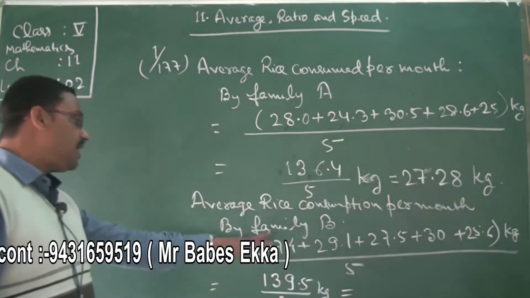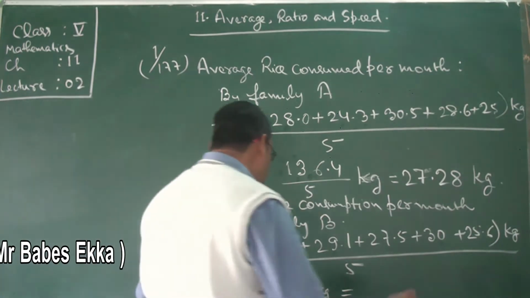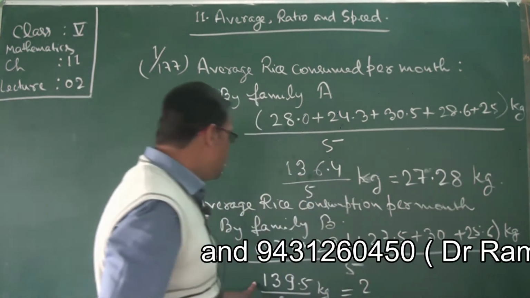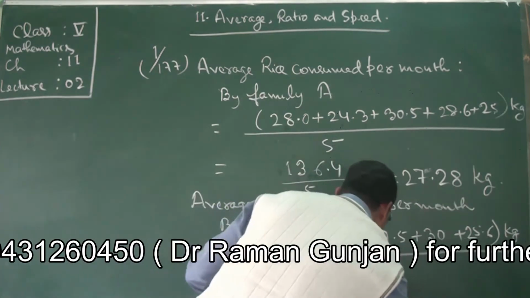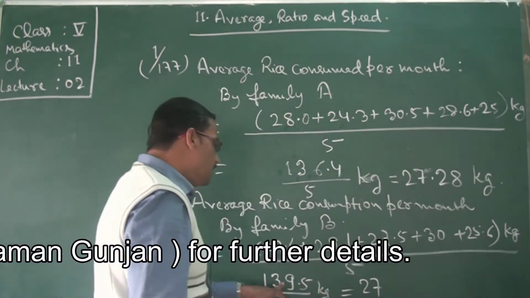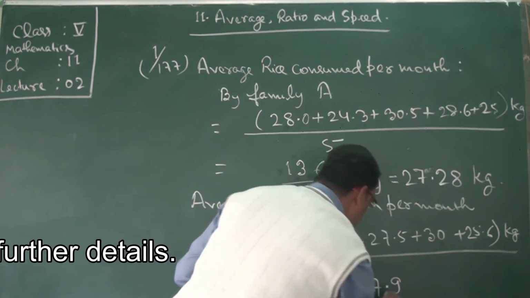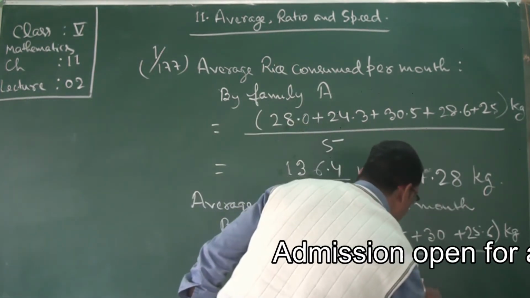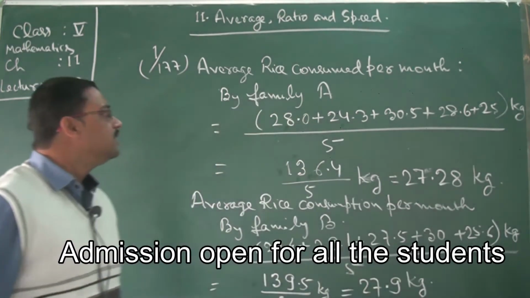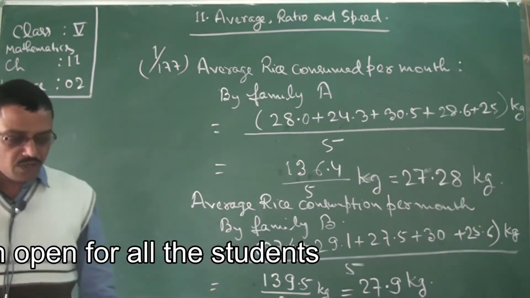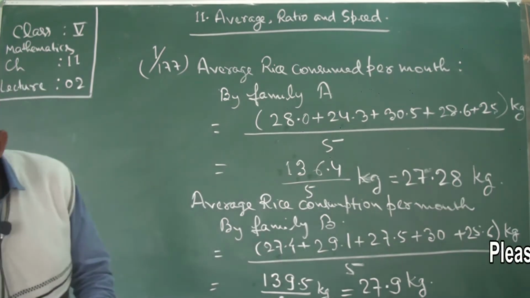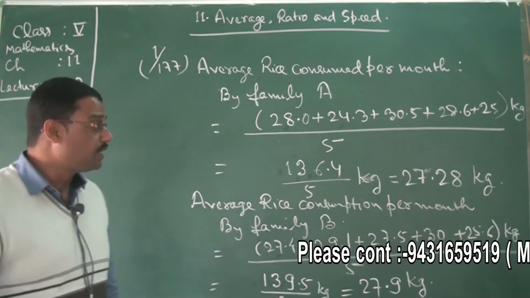If you divide this number by 5, you will get 5 2s are 10, 5 7s are 35, 5 9s are 45. So 27.9 kg. To clarify, write up the last statement as to which family consumed more rice per month.